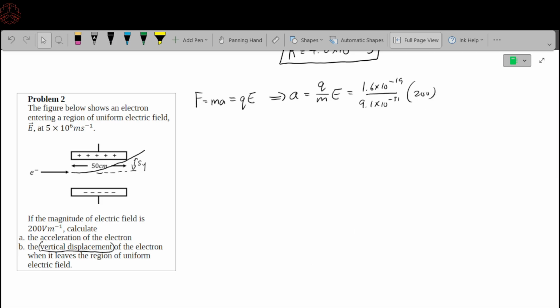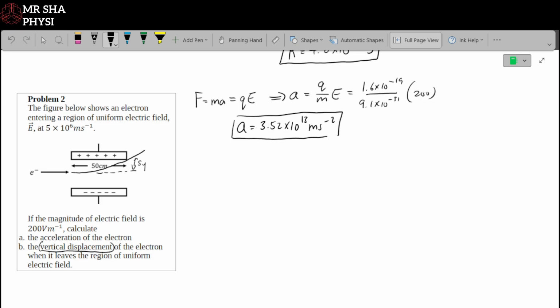What we get is 3.52, so a equals 3.52 times 10 power of 13 meters per second squared, and that is going to be my acceleration. That's the answer for the first part. We equate it to Newton's law, F equals to ma, and that's what you get.